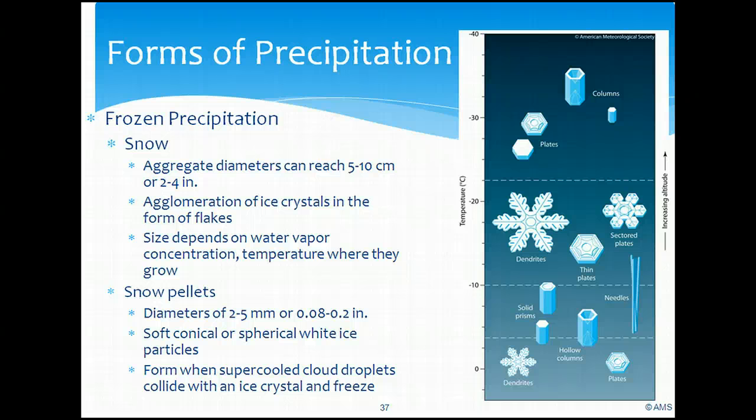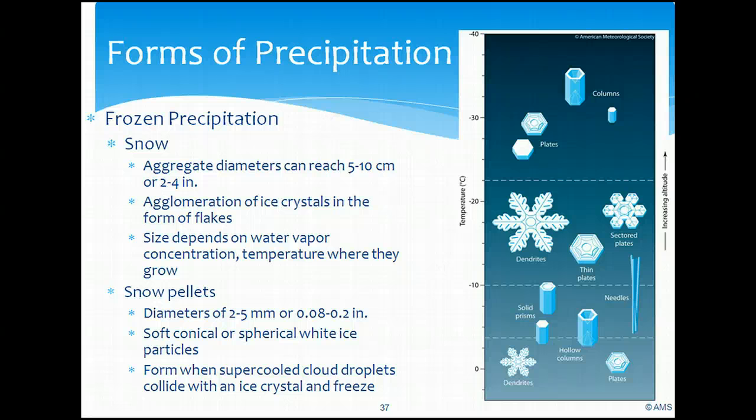They have very distinct shapes and can be classified in a number of different ways based on the altitude from which they were released and the temperature associated with those altitudes. Snow pellets and snow grains are related to snowflakes.